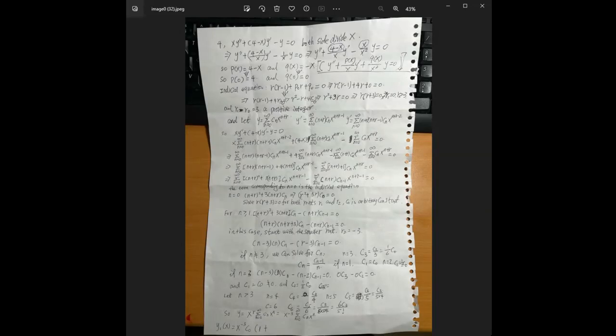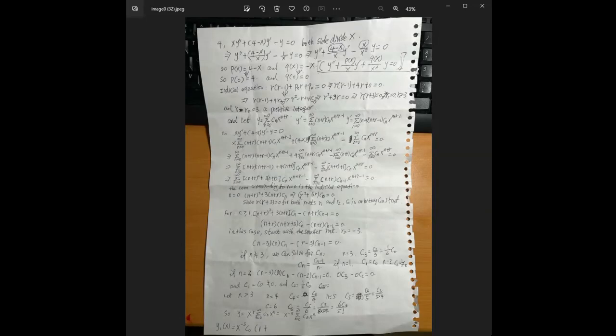Just up to here, Professor. Oh, okay. I think Cn is supposed to equal 6 C3 over 5 factorial. So that's why I figure out C2n plus 1 over here. I'm confused too.